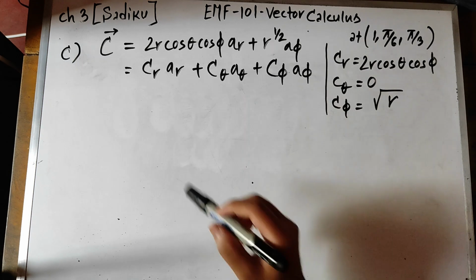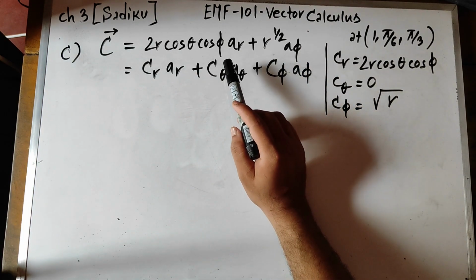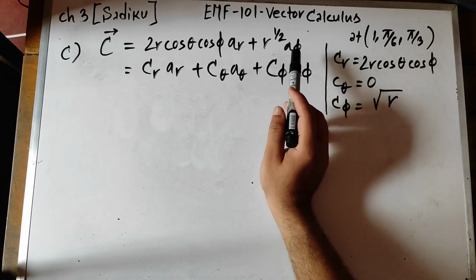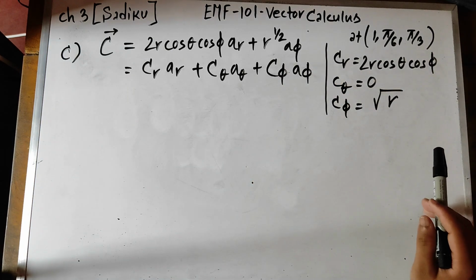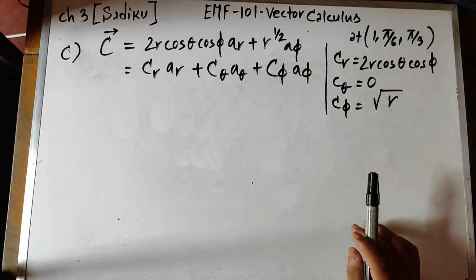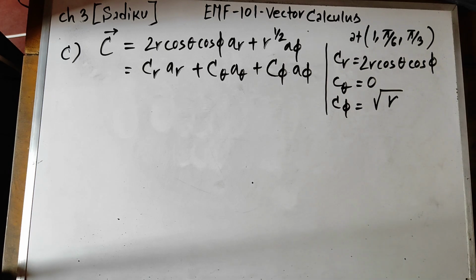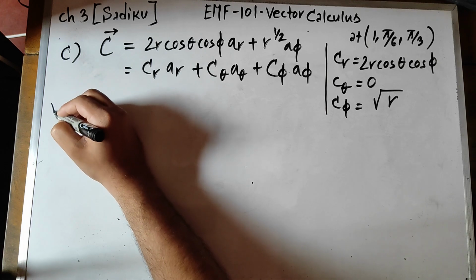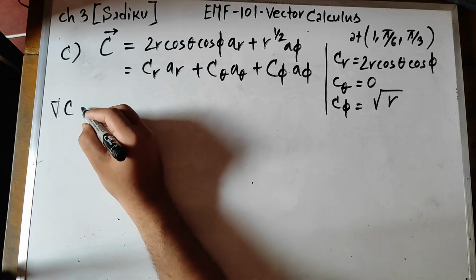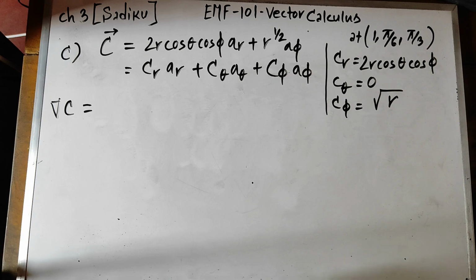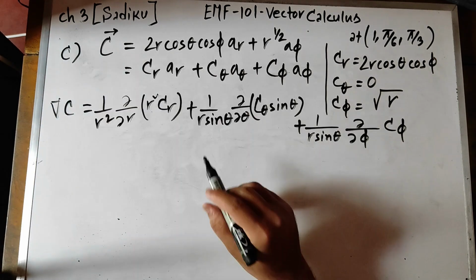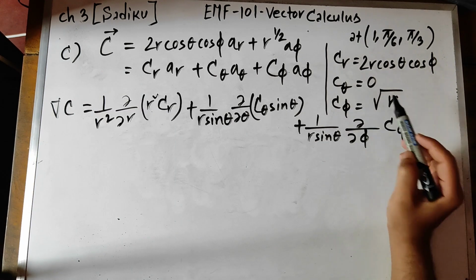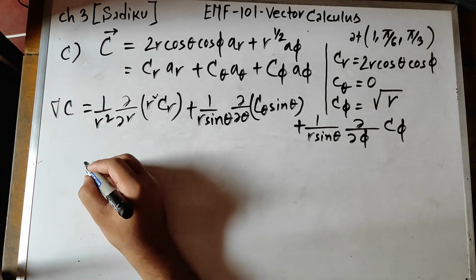and this is the answer. So this is the vector C in spherical coordinate systems and its corresponding components in the directions. Now we have to take the divergence of the vector field C, which is in the spherical coordinate system, and then the formula would be: the theta component of C is 0, so this part vanishes.